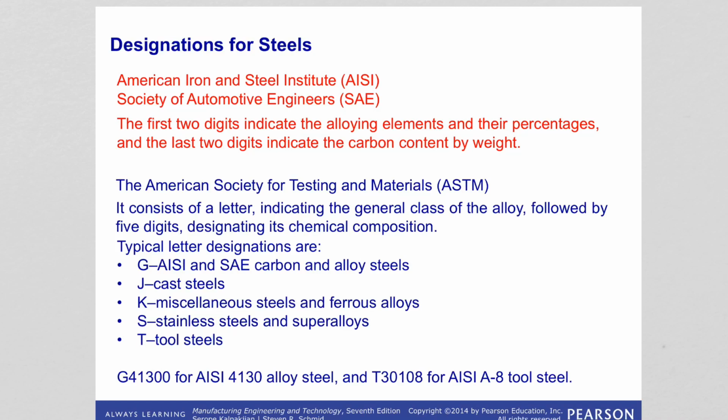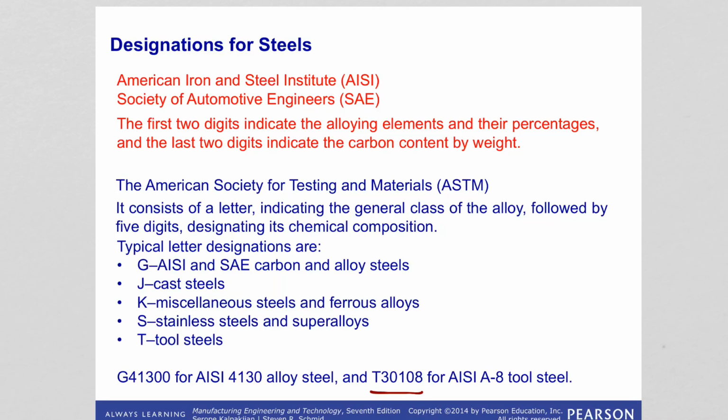Basically, if you need it in the future, you can find these in the literature. Because if you Google it, you can easily find this designation system, and you can easily understand what those 4-digit numbers are representing.